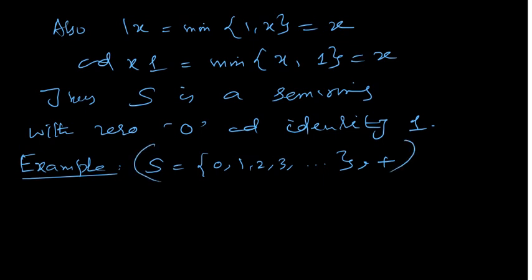The set of whole numbers with binary operation plus. This is a semigroup, isn't it? What is the identity of this semigroup? 0. Yes. Can someone tell me the identity of this semigroup? Okay, what is its zero element? Is it a semigroup with zero?